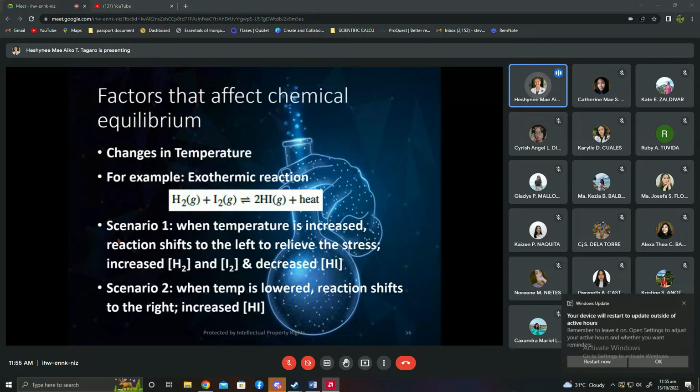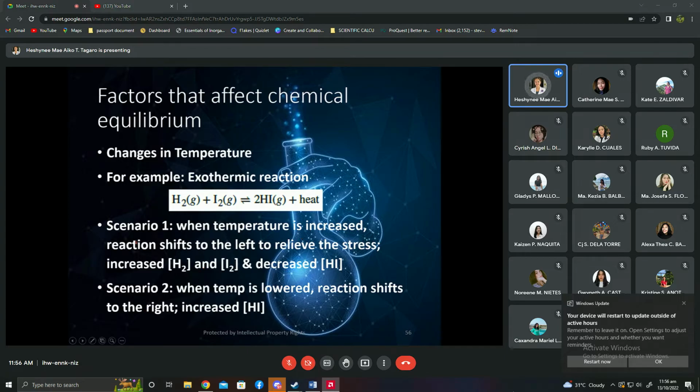So looking at the equation there, paano mo mapalaan na exothermic reaction siya? You will know if you see heat is on the product side. Exothermic reaction is a heat releasing reaction. So, it releases heat as a product.